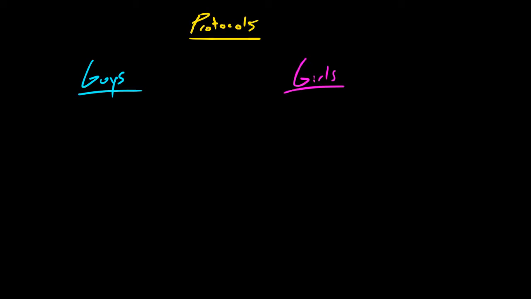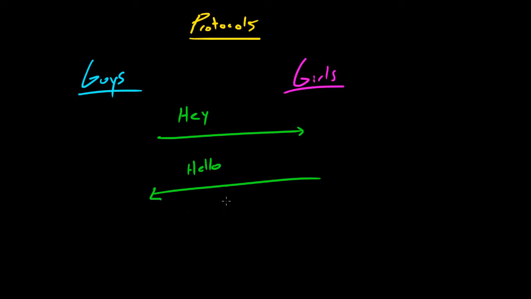girls on the right. So let me use, what's a good color? Green. Here we go. This is a typical exchange whenever you want to, let's say, get a girl's number. The guy says something like, hey, to the girl, and the girl responds with hello, says it back to the guy, and then the guy will say, can I get your number?